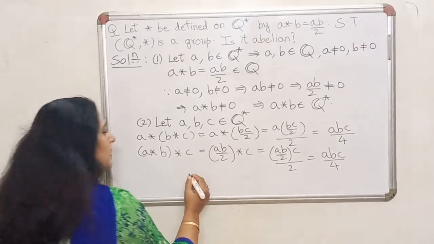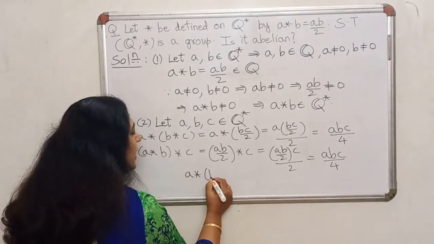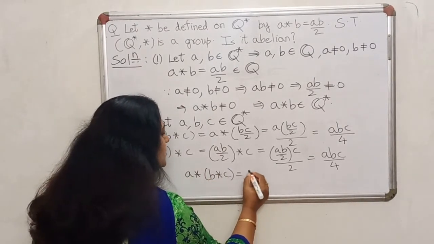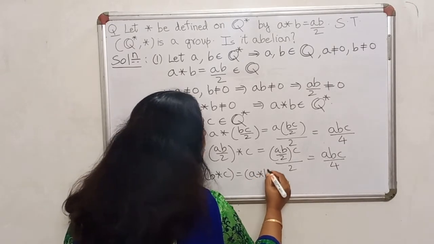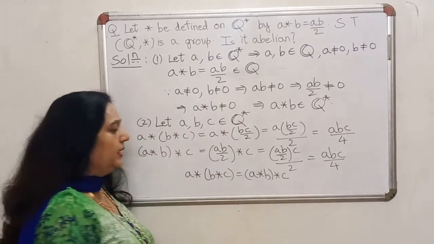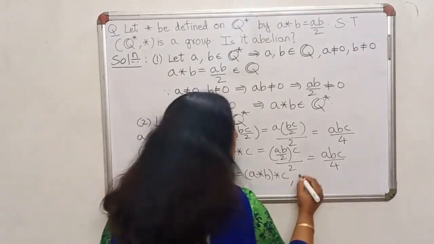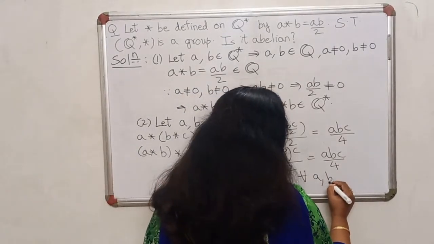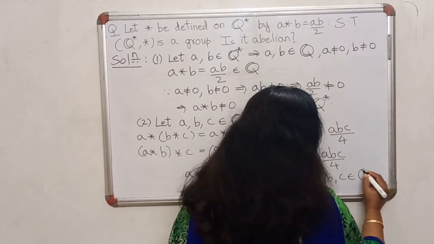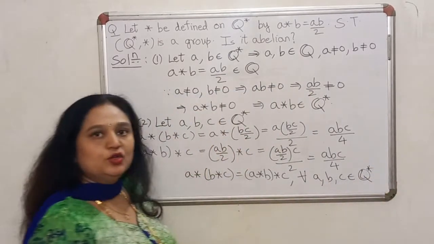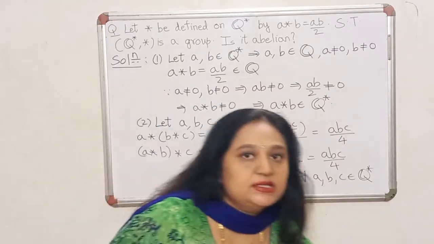So notice that whether I keep the brackets for the last 2 elements first or the first 2 elements first, ultimately this is equal to this, and this is true no matter which triple of elements I choose from the given set. So the associative property is satisfied.